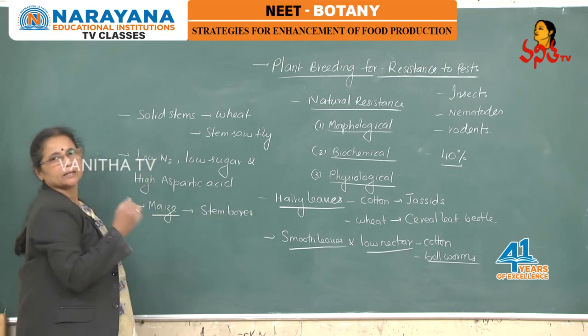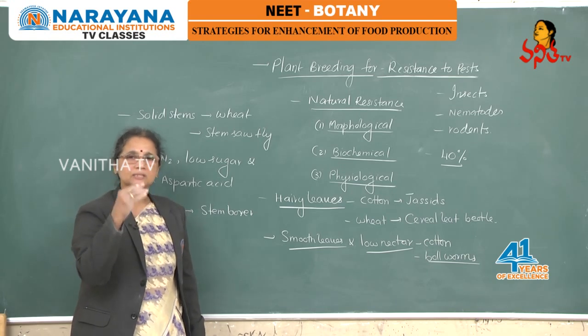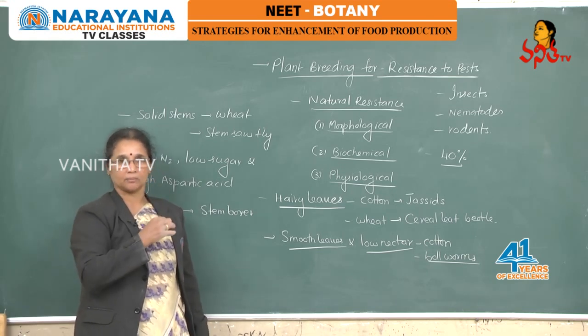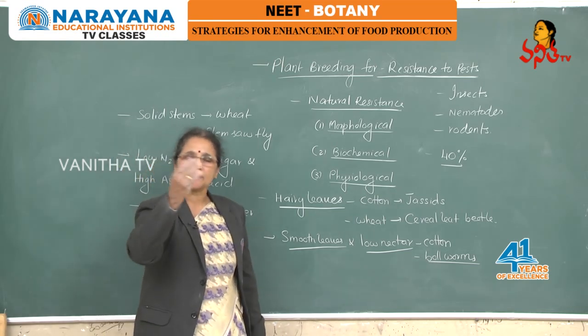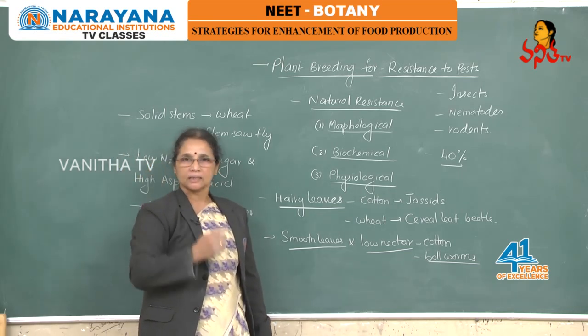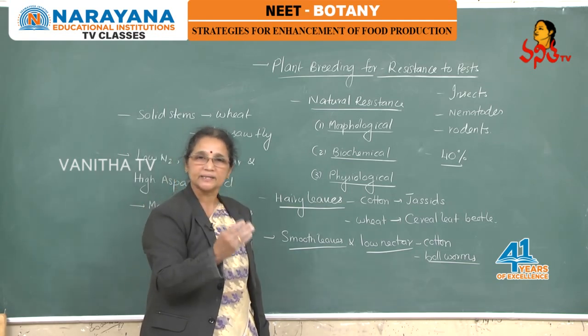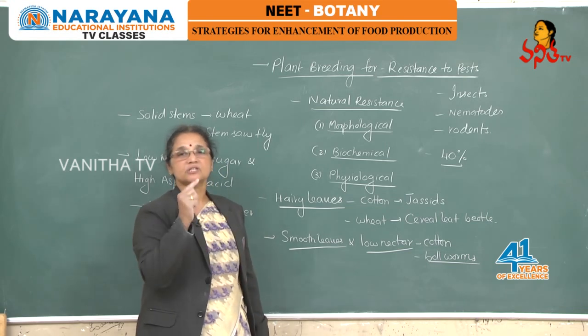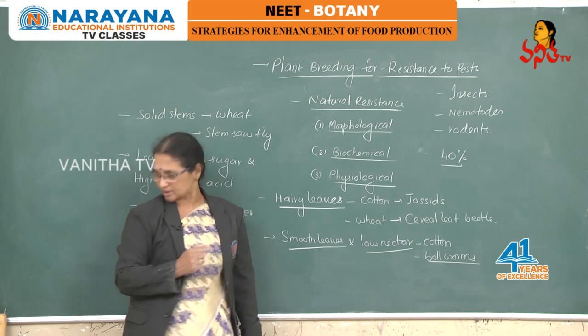Like that, many natural characters are present in many crop plants which won't allow some of the pests to attack them. And by using the conventional plant breeding program, the same steps involved in the other characters also, the scientists have developed some new varieties even in the crop plants which are resistant against the pests. Right, let us see what are the examples.